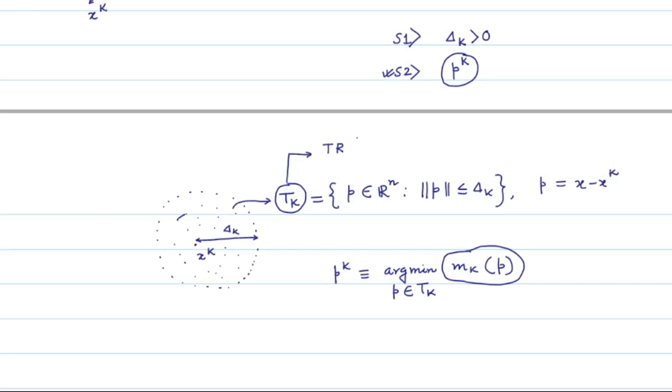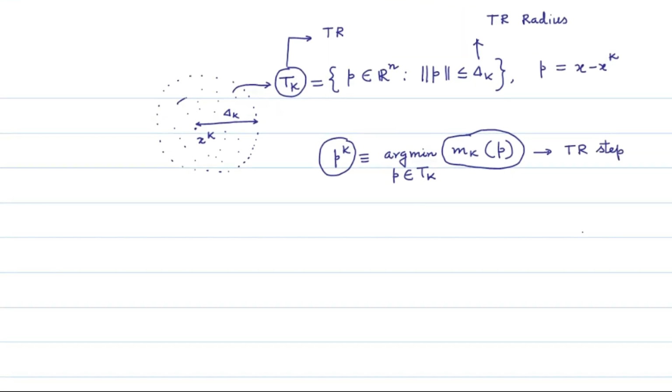TR is an abbreviation of trust region. Accordingly, this delta k is called trust region radius. As pk will be used to identify the next iterate, we name this pk as trust region step.